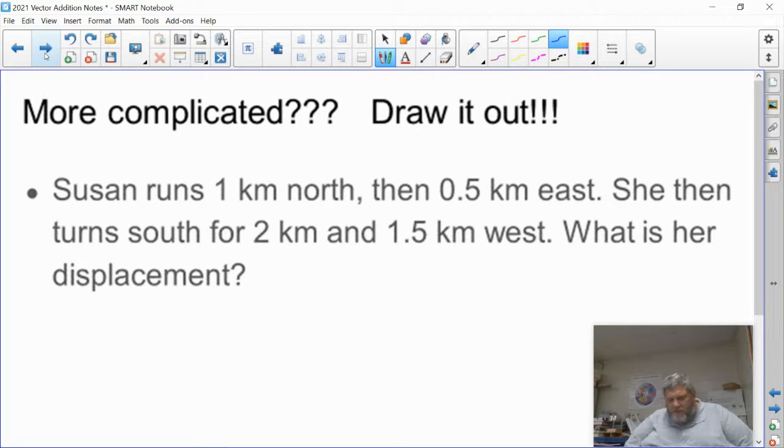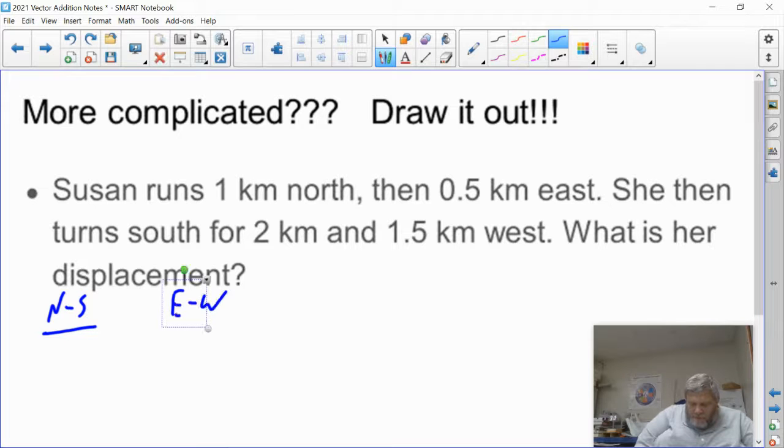Now we could draw north, east, south, and west and try to do that, but we're not going to be able to do anything with that very easily. So I think the easiest way to do it is, you notice that two of the directions are north south, the other two directions are east west. So let's put a little column here: north south, east west. North south, we want 1 kilometer north, so we'll say positive 1, but she also went 2 kilometers south, so minus 2.